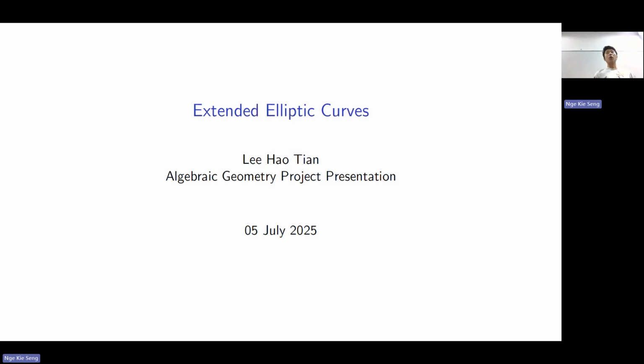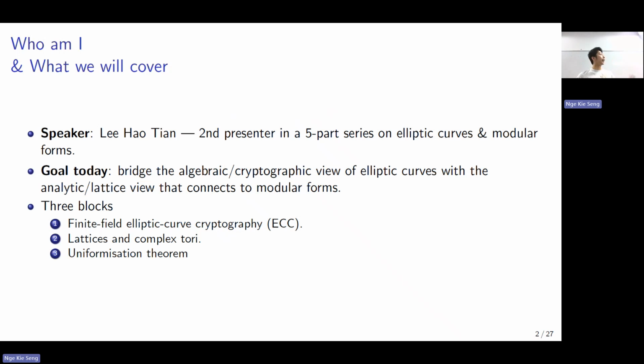Okay. So hello everyone. My name is Li Hao Tian, student ID MAT 2309814. And today I am going to continue the presentation on elliptic curves. First of all, I will talk about one application of elliptic curves, which is cryptography.